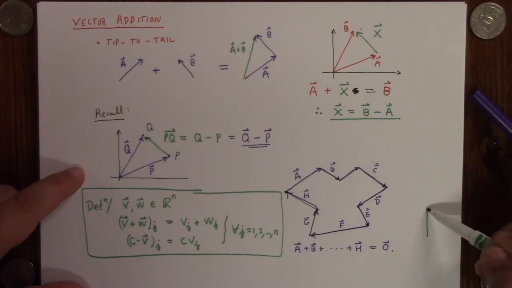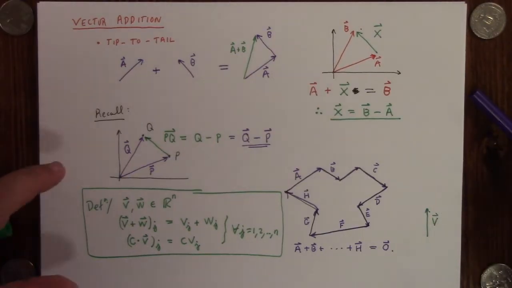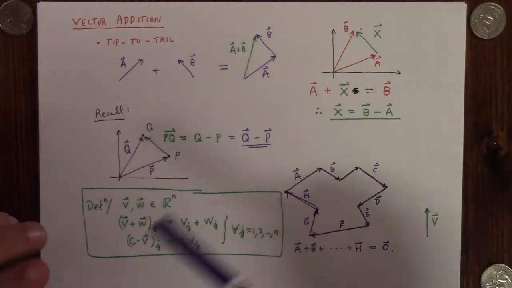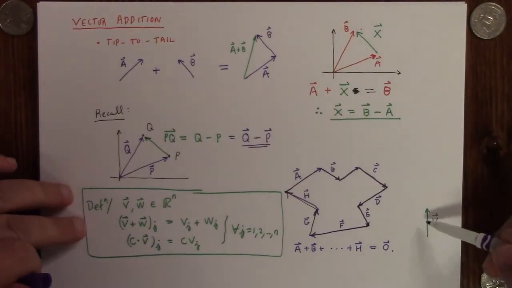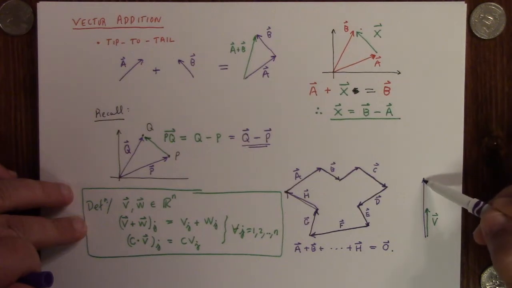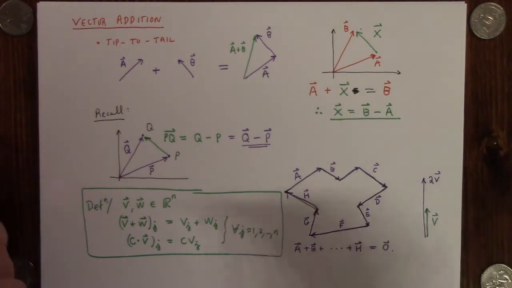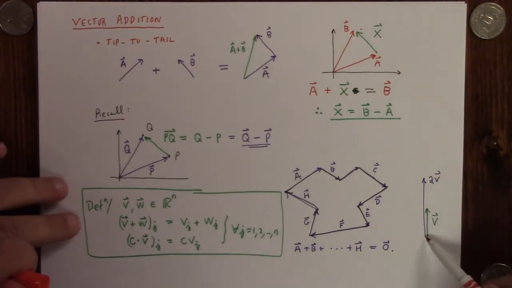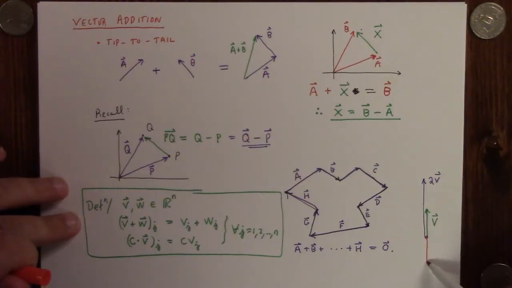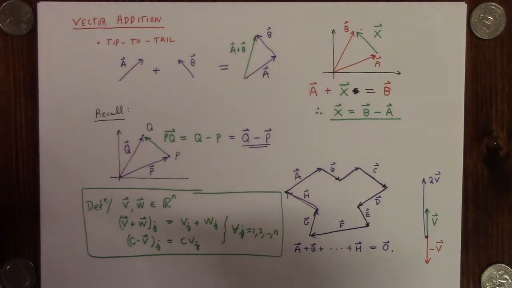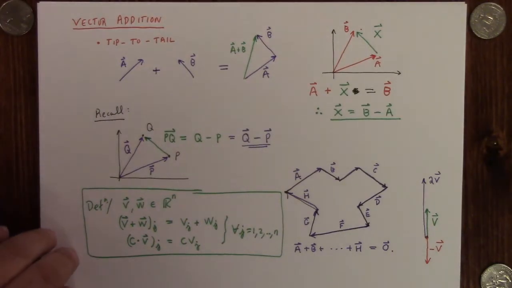If this is v, then 2v would also be v plus v, roughly that, right? On the other hand, minus v would be the opposite direction. That's how that works. Negative numbers flip it over 180 degrees. So we should talk more about 180 degrees, shouldn't we?